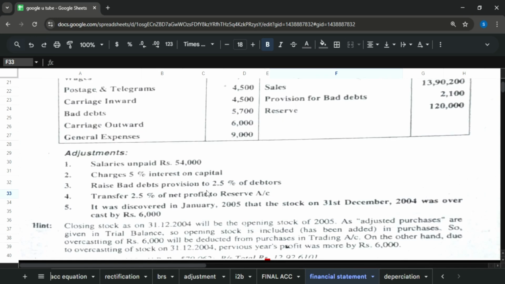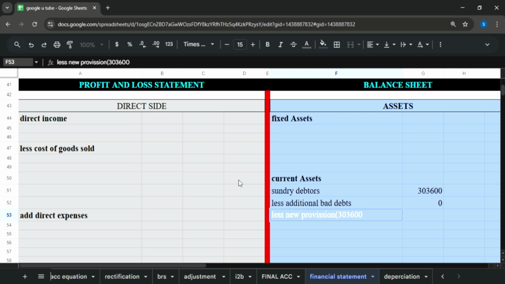Look here, 2.5% of debtors. So you will multiply it by 2.5 divided by 100, with which you can calculate the new provision. 303,600 was the amount of debtors, and you have taken 2.5%. The new reserve is calculated.